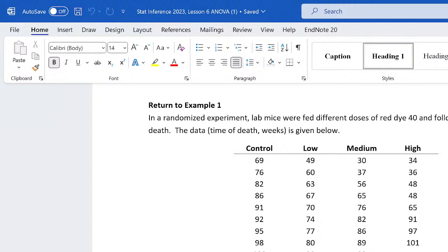So the null hypothesis is saying that there's no group effect. It just says the outcome variable, the time to death, is some function of your grand mean, the true grand mean, plus some random error.